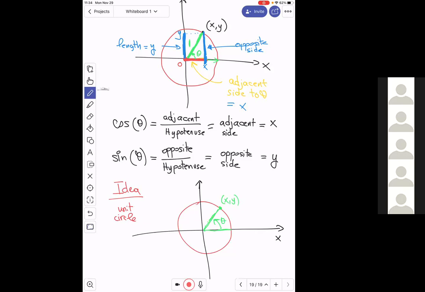Then you can think of cosine of theta as equal to x, and sine of theta as equal to y. This is actually very useful. We'll see later how to use this to compute cosine and sine.